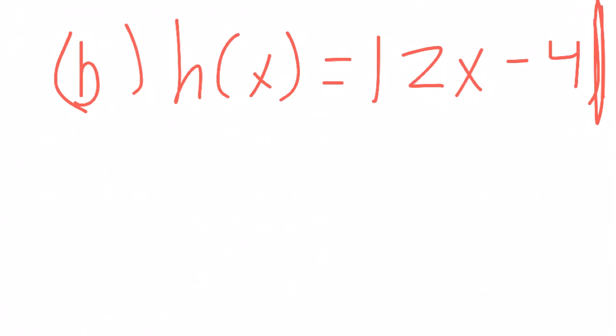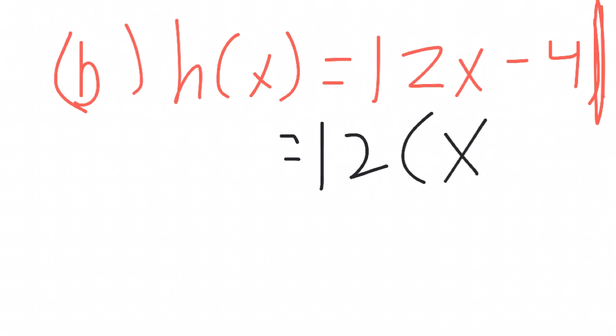Or, if you don't like having the 2 in front of the x, since 2 and 4 are both divisible by 2, you can factor a 2 out and you're left with x minus 2. Now, since we're multiplying, you can split them into different absolute values.